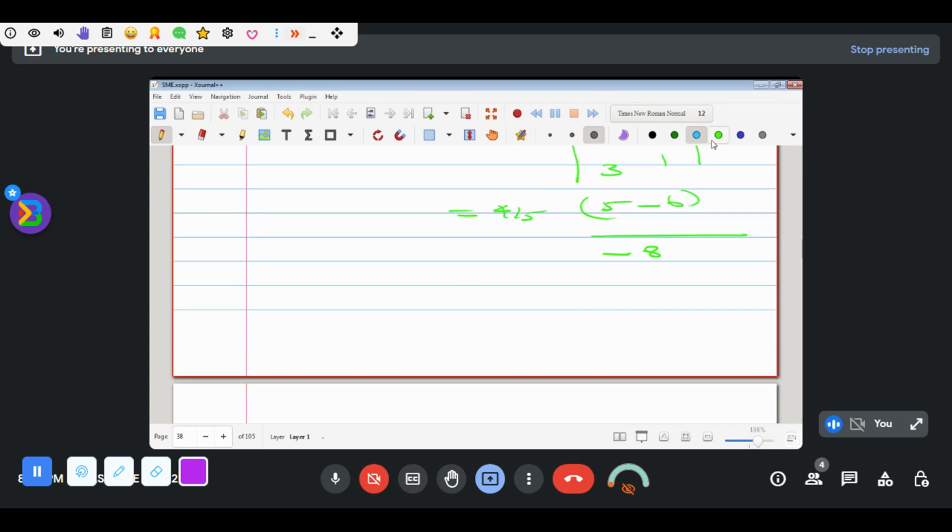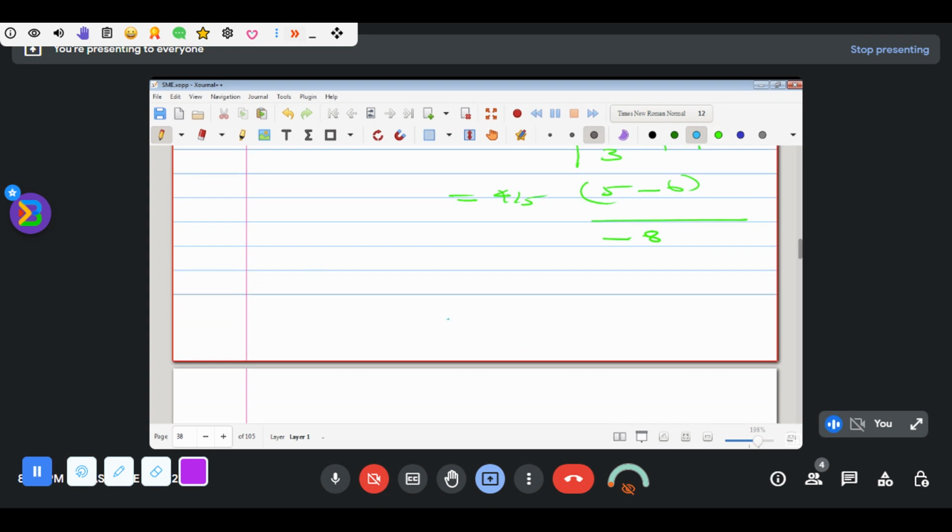Therefore, 4 by 5 into 5 minus 6 is minus 1. So minus 1 by minus 8. The minuses cancel, 4 and 8 cancel to 2. Therefore, P13.2 equals numerator 1, denominator 5 into 2 is 10. Therefore, 1 by 10.